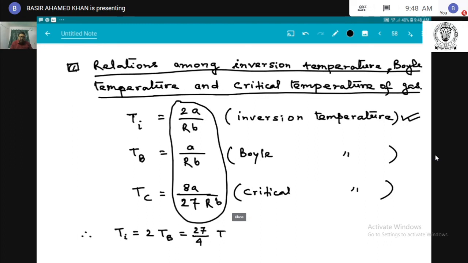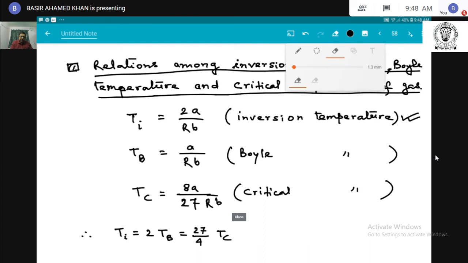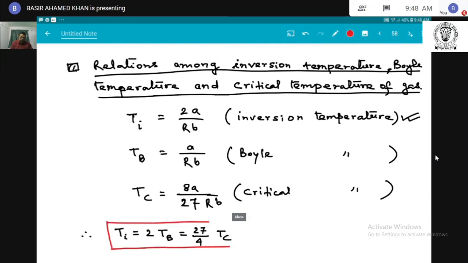This is the important relation of these three temperatures. Ti equal to 2TB equal to 27 by 4 TC. Okay.